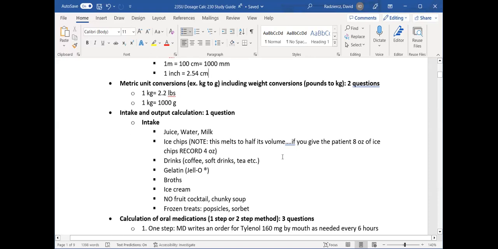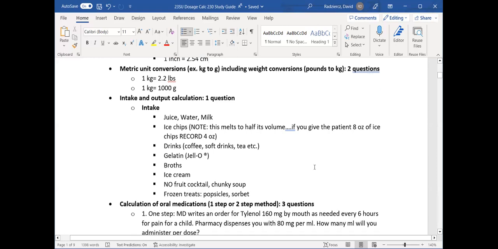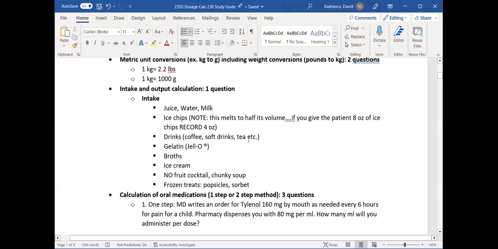I think hopefully at this point you've seen enough of these intake questions with the juice, water, milk. There are a few nuanced things that I'm not 100% on, and hopefully you are, like if there are ice chips, how you handle that, but it looks like it would be half the volume. So if it's 8 ounces of ice, it's 4 ounces of liquid. Drinks, you would calculate. Jello, which is predominantly liquid, you would calculate. Broths, you would calculate.